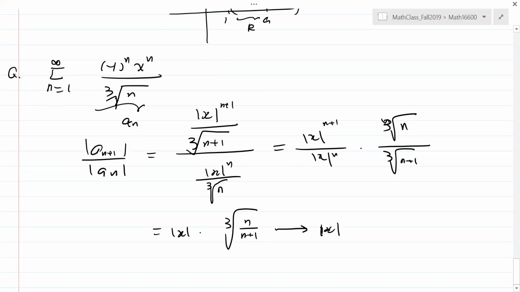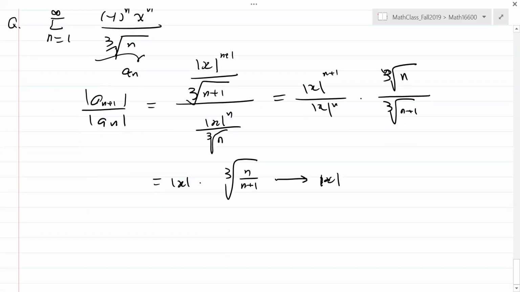Very simple. So according to the ratio test, if absolute x is less than 1, then this series is convergent. Not only convergent, it's absolutely convergent.